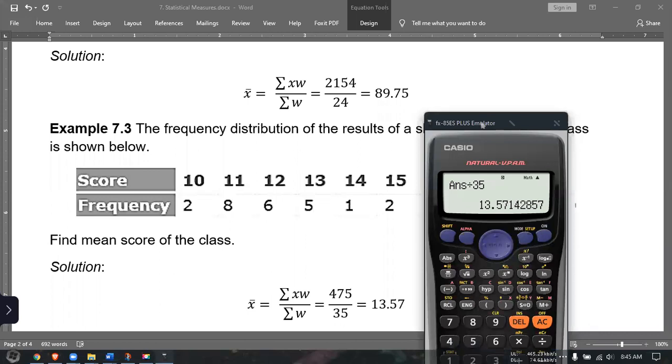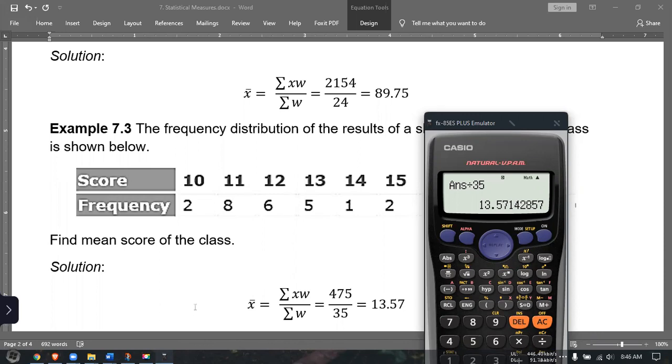We have 13.57. Any question about mean or average? None, sir. Proceed tayo.